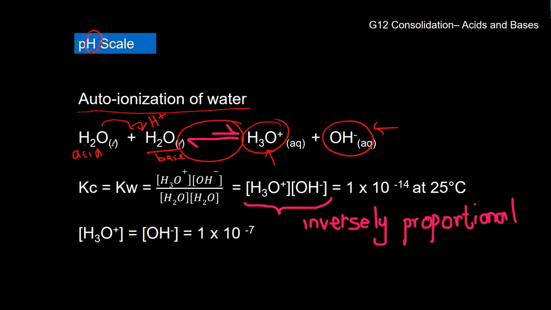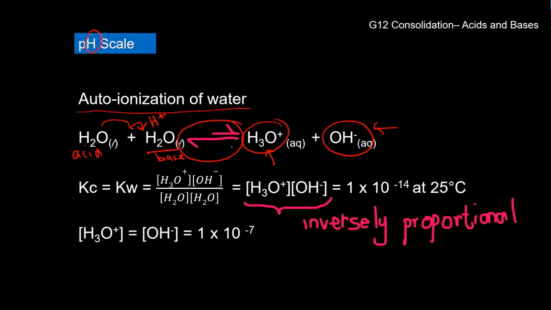So very few water molecules actually react with themselves to form these ions. The water molecule prefers to be in the molecular form and not the ionic form. And that is why the reverse reaction arrow is bigger, longer than the forward reaction arrow.